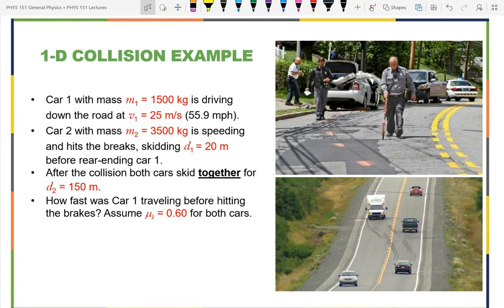During the collision, because the collision is short duration, we said that momentum should be approximately conserved. And so I used conservation of momentum to relate the two speeds of the cars before the collision to the speed of the cars sticking together after the collision.